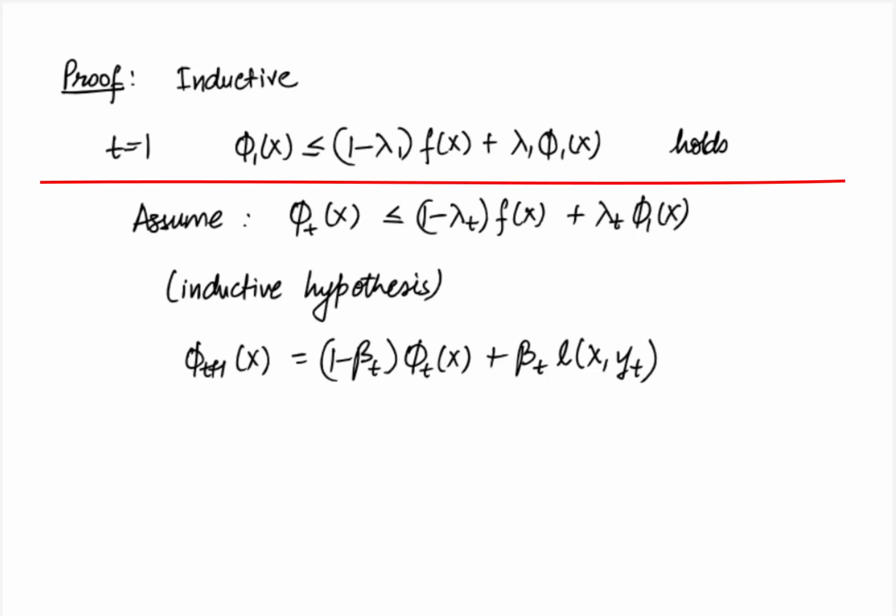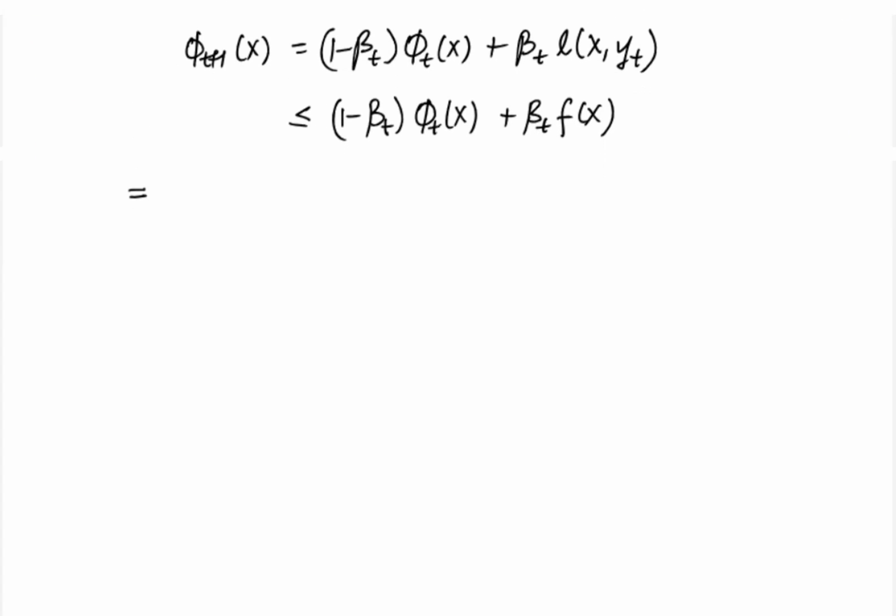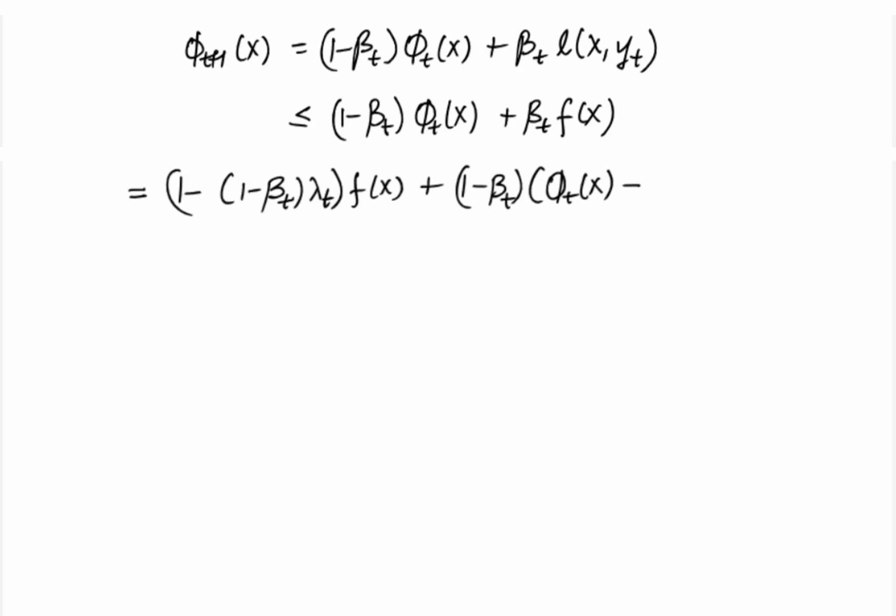Next, since L is a lower bound on f of x, it follows that the right hand side is less than or equal to (1 minus beta t) into phi t of x plus beta t into f of x. Now we add and subtract (1 minus beta t) into lambda t f of x, so as to write the right hand side as equal to (1 minus beta t) into lambda t into f of x plus (1 minus beta t) into [phi t of x minus (1 minus lambda t) f of x].